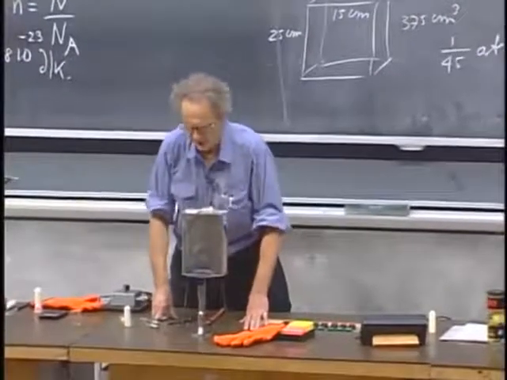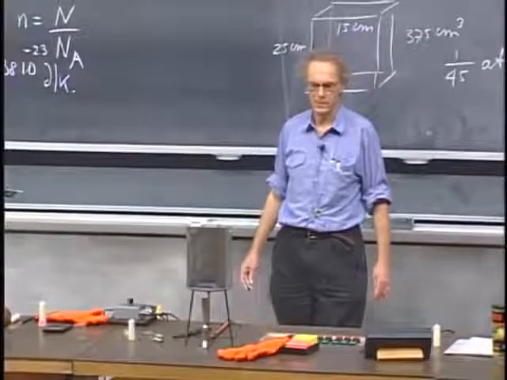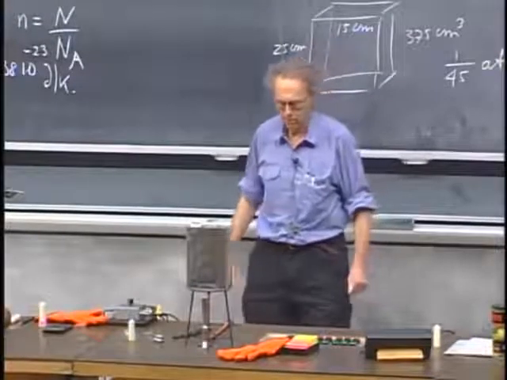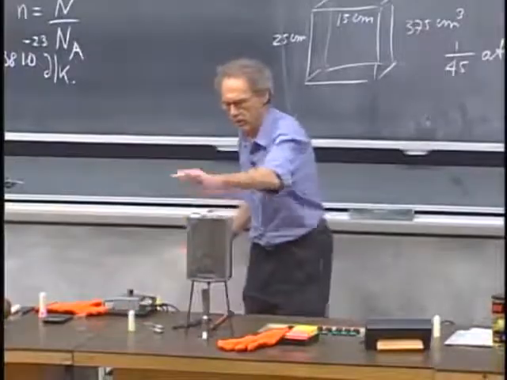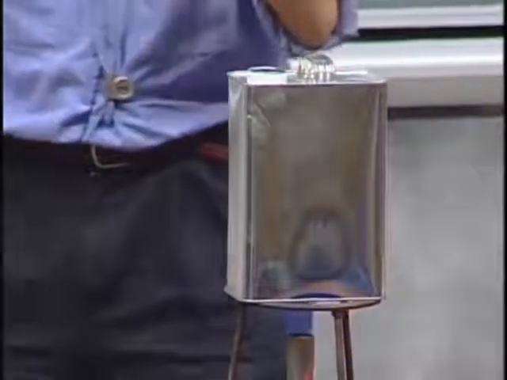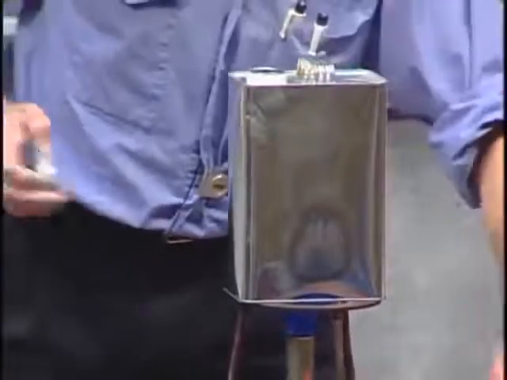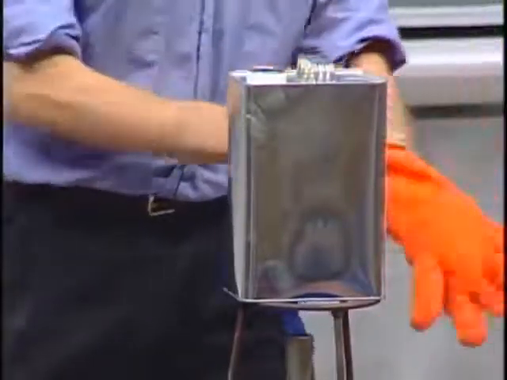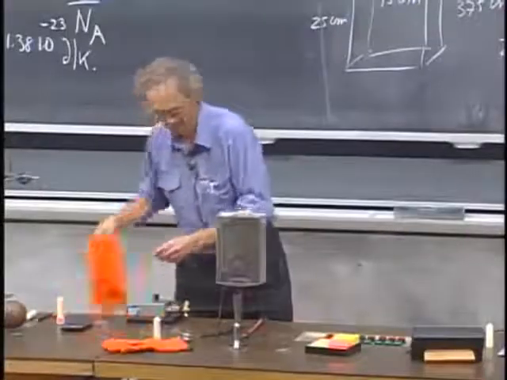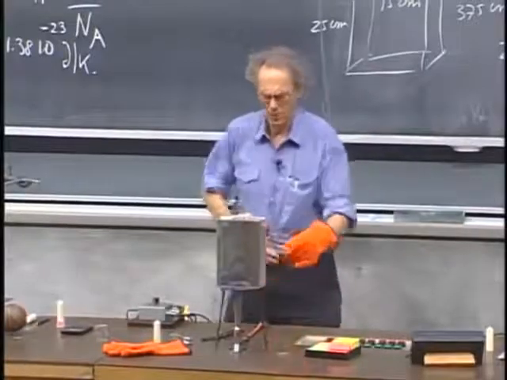So we'll try to get the water out, to get it to boil. I think it is boiling. I have to make sure that all the air is out. I really want pure water vapor in there. Yeah, looks good. Looks fine.